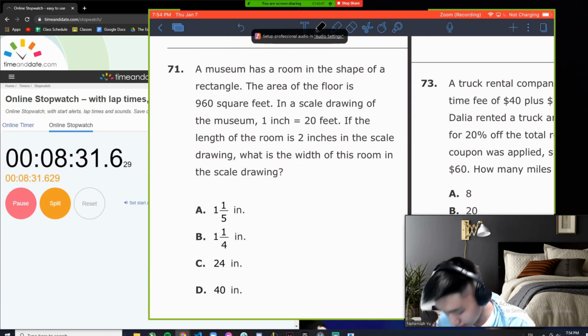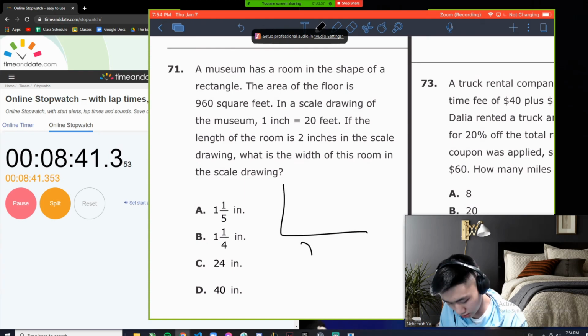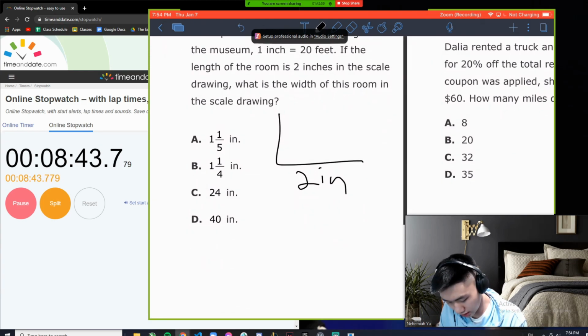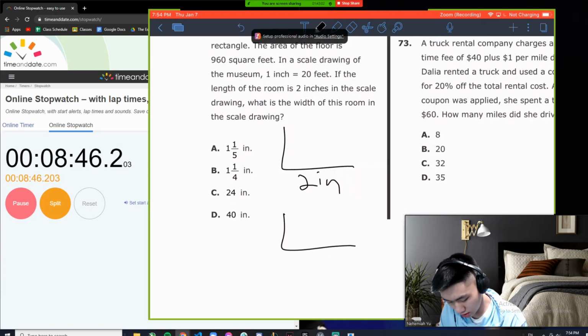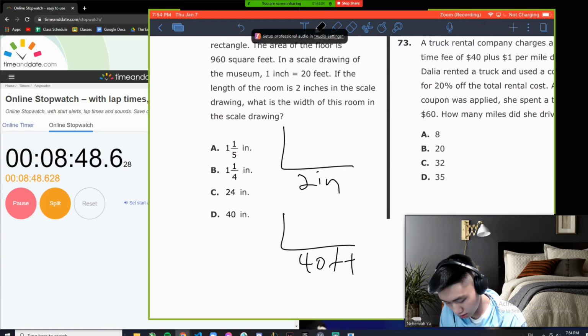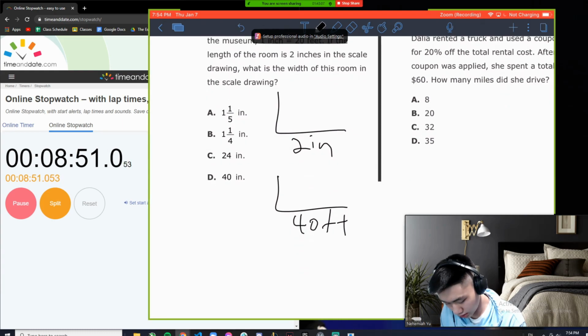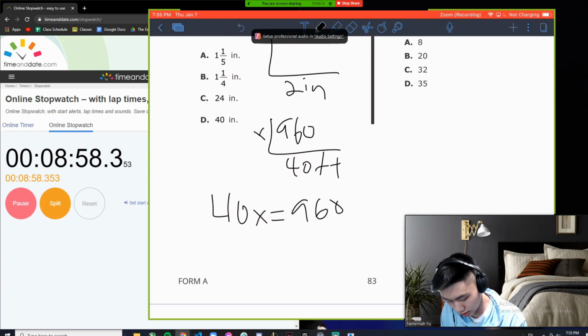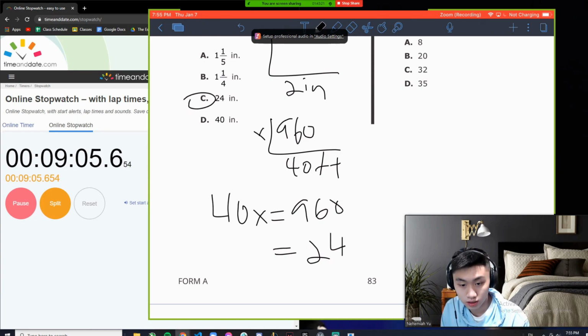The area of the floor is... Oh, this is easy. So, it says this length is 2 inches, right? And that on the real one is 40 feet. So 40 times x equals 960, which is 24? Yeah.